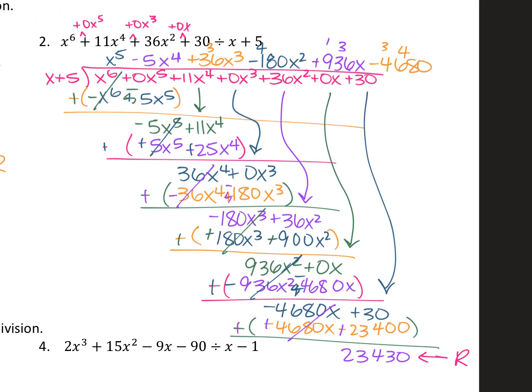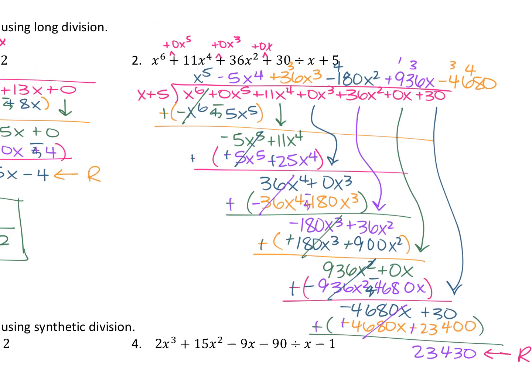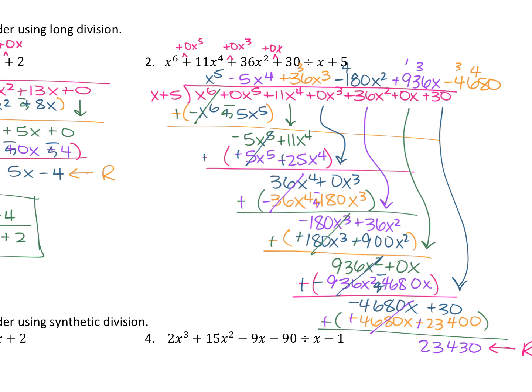So all together for this one, I'm going to put it over here. We have x to the 5th power minus 5x to the 4th power plus 36x cubed minus 180x squared plus 936x minus 4,000. I knew this wasn't going to work out. Let's do it this way.